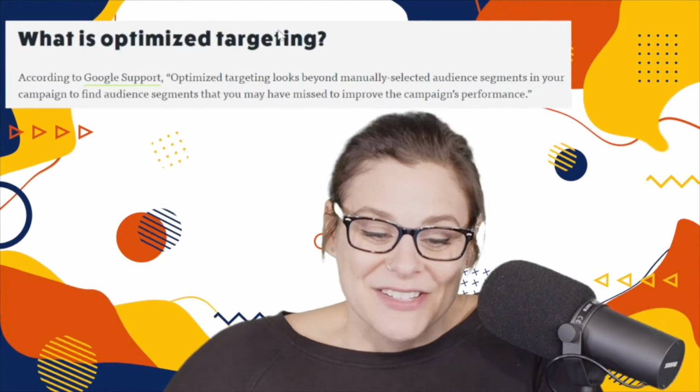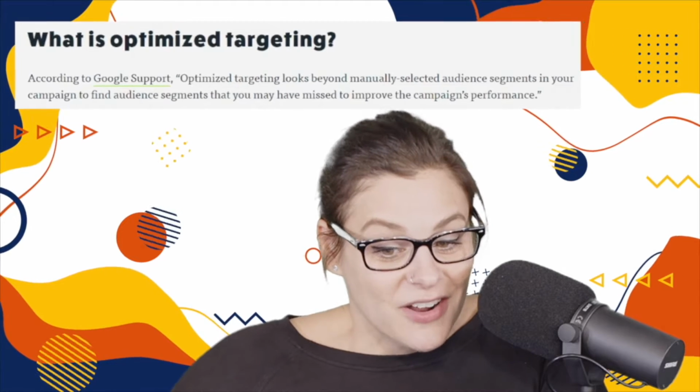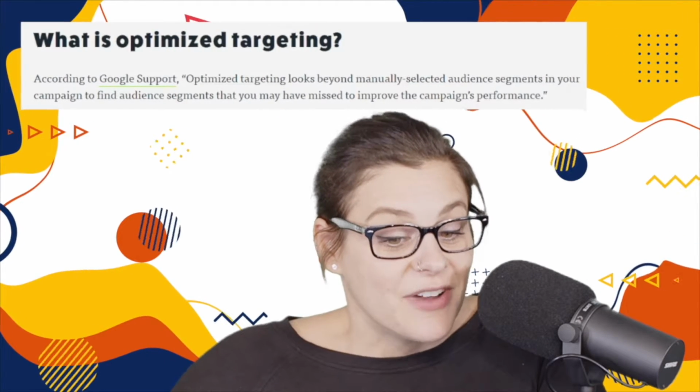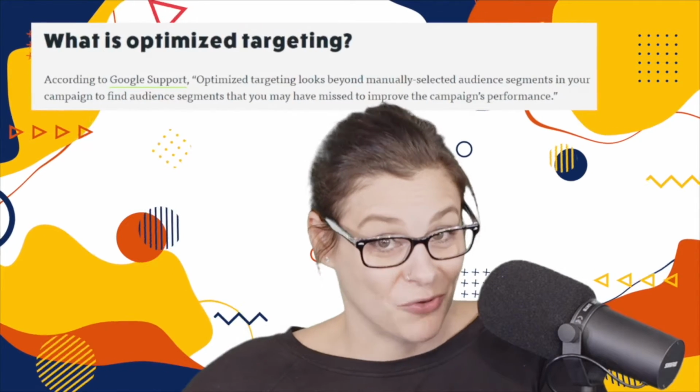So just a quick refresher here, what is optimized targeting? I'm going to read this from a blog post on cypressnorth.com. Optimized targeting, according to Google support, looks beyond manually selected audience segments in your campaign to find audience segments that you may have missed to improve the campaign's performance. Now, if you're new to optimized targeting, I highly suggest that you read this article on our blog because just because Google says something is going to improve performance does not mean that it's going to.